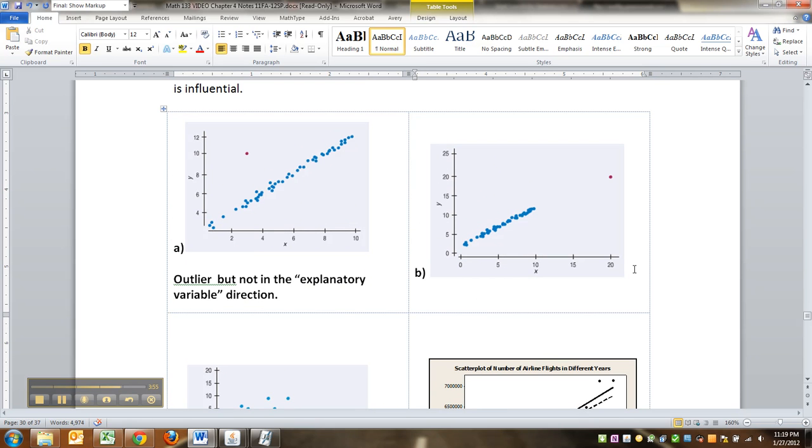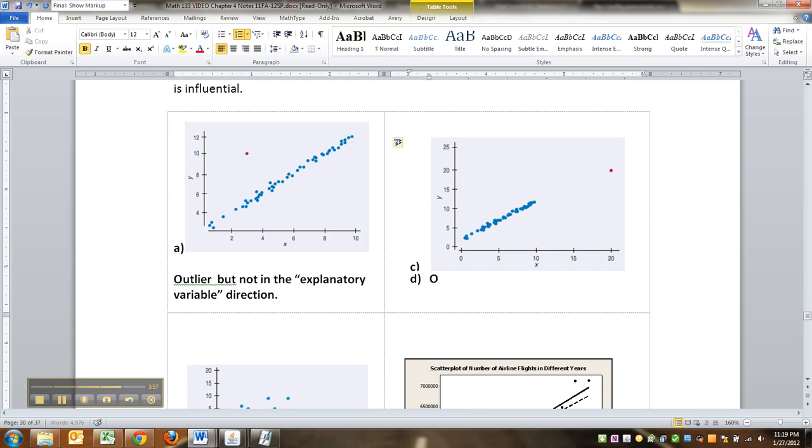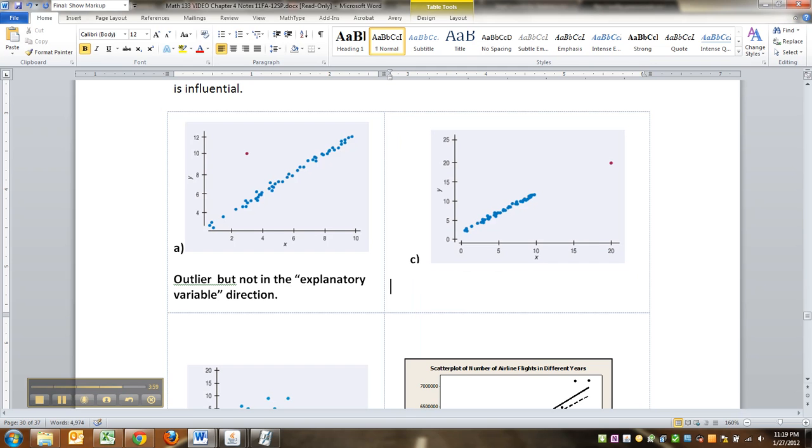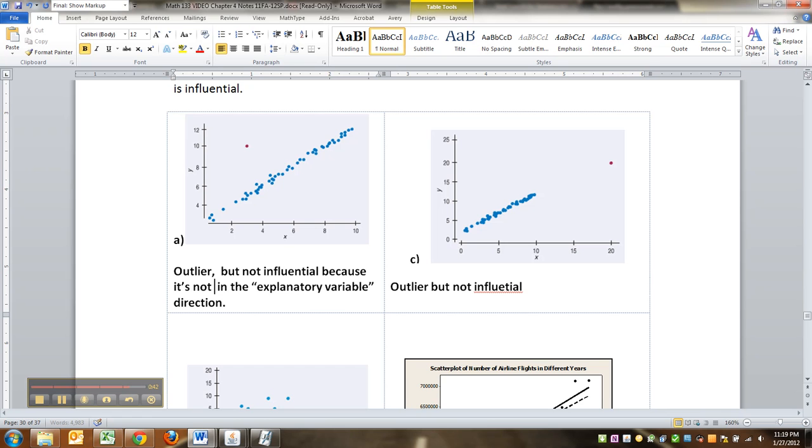This is an outlier for sure, right? Oopsie. Outlier, but not influential either. Oops, I suppose I should have written that. All right, this one is an outlier, but not influential because it's not far removed in the explanatory variable direction.